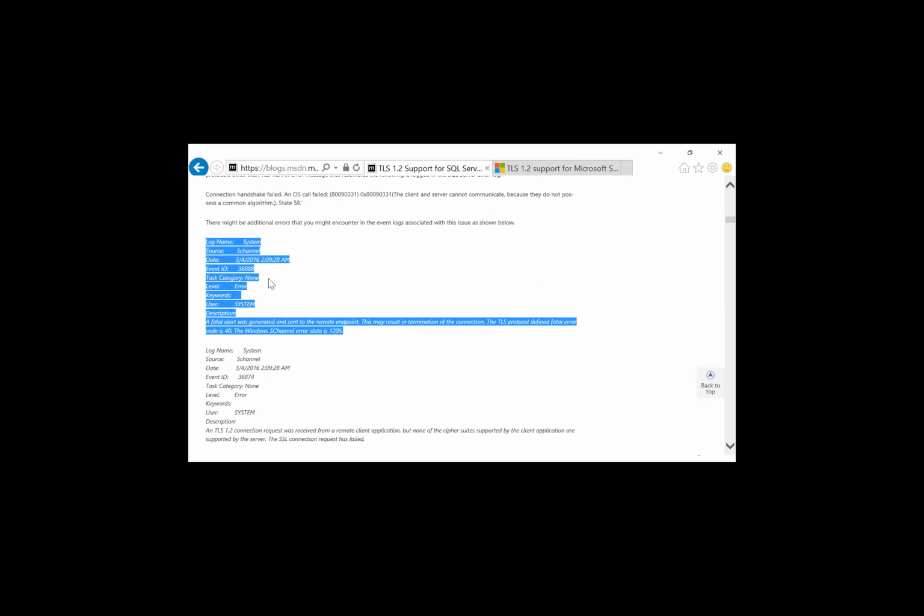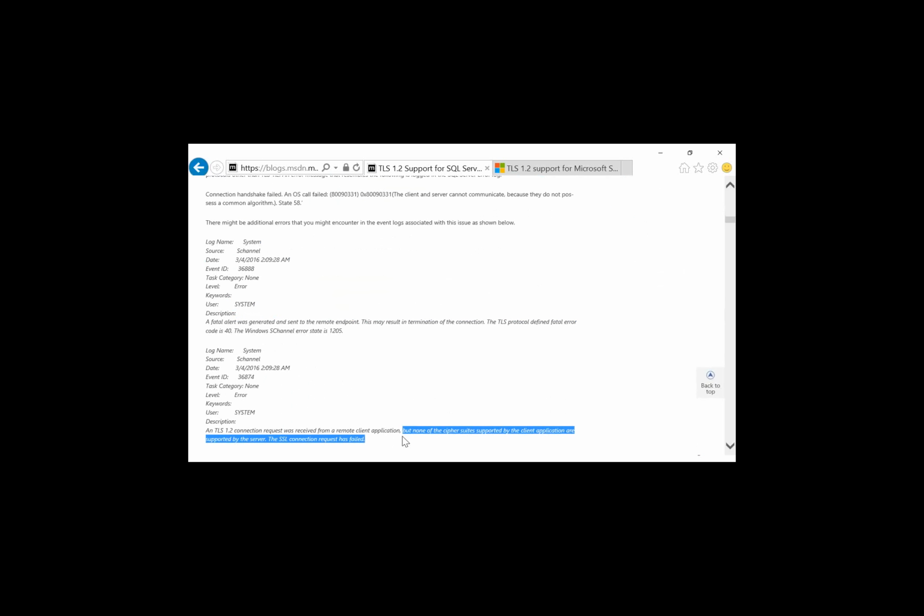It would report that there was no defined protocol available to make the connection, and it would also clearly mention that none of the cipher suites available on the client application are supported. So this is a very clear indication, and this is what you should be looking at in the event logs. This would be a very clear indication that SQL Server or the client is using a protocol which is not supporting TLS 1.2.